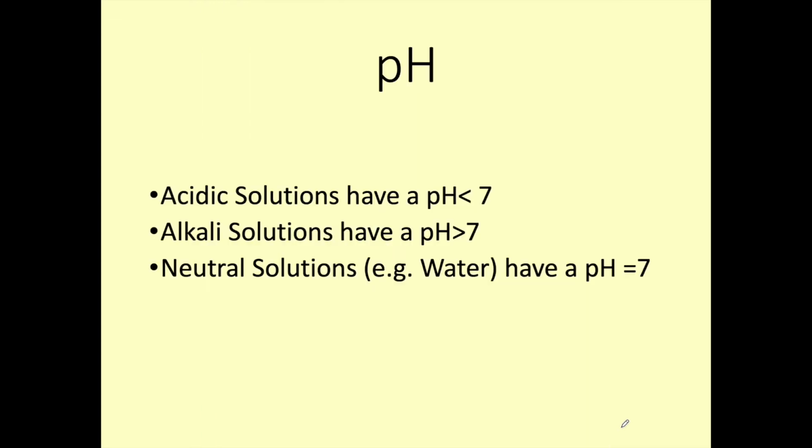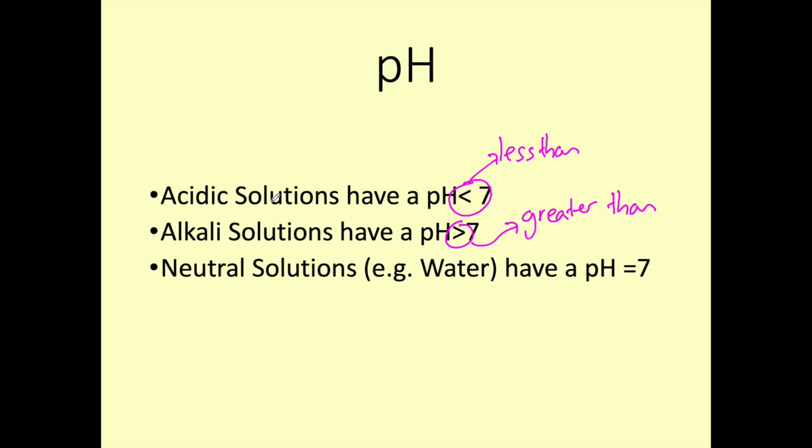So from that grid, you will have seen that those acidic solutions all have a pH of less than 7. So I'm hoping we're familiar with this mathematical symbol here. That means less than, whilst this symbol means greater than. So our alkalis have a pH above 7, our acidic pH is less than 7, and our neutral have a pH bang smack in the middle at 7.